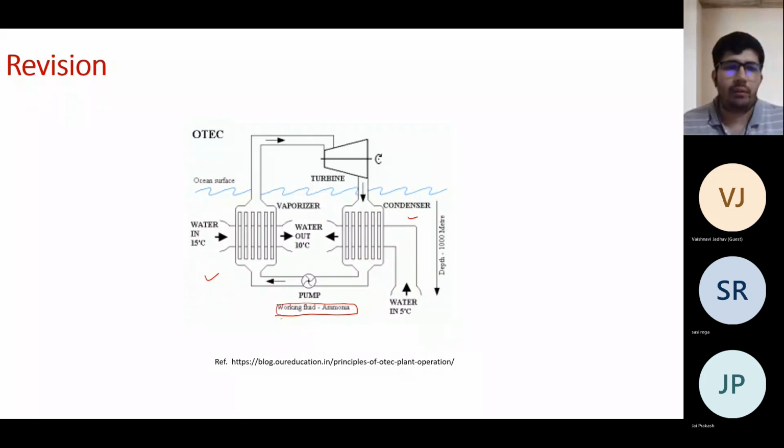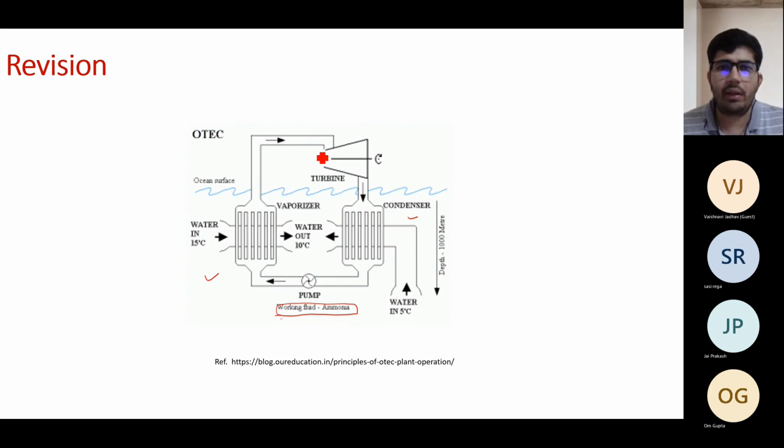So this ammonia will take heat and it will vaporize and it will release heat and it will again condense. In this way, a phase change of ammonia is occurring, and when the ammonia is in vapor form, we are running the turbine. Okay, and turbine is generating the electric power.